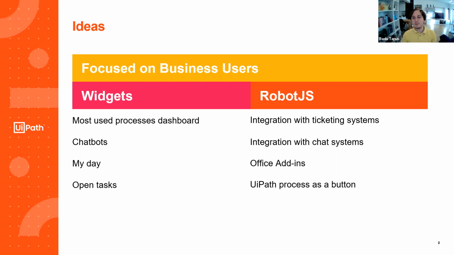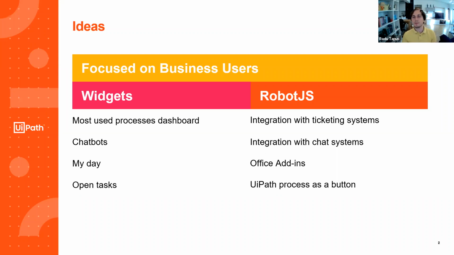And then I think the simplest idea for robot.js, and here's a great opportunity of doing something nice, is just having a configurable button that you can start a process with. It would be nice to have a button that I can configure really fast and say, okay, I put it on my website, and anyone that presses that button should have this process running in their assistant, in their attended robot.